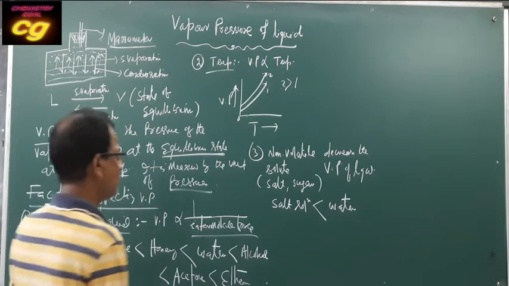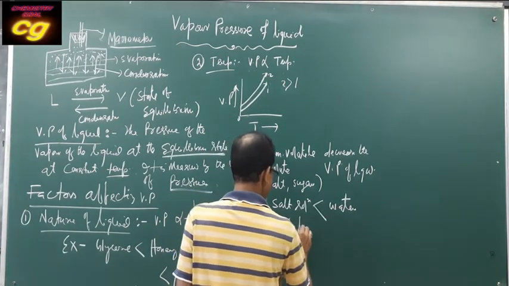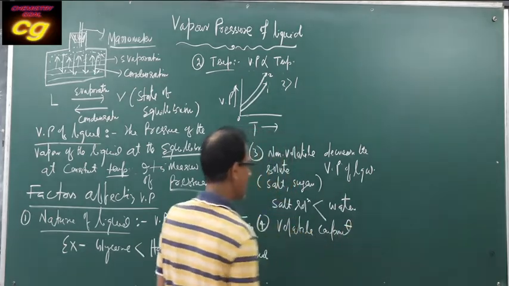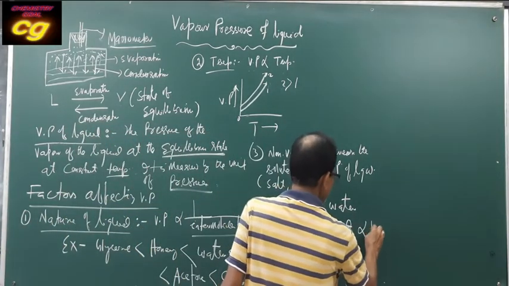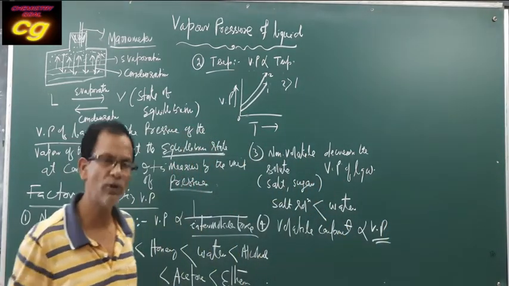But if you add a volatile component, then vapor pressure will be more. Vapor pressure of the particular liquid will be more.